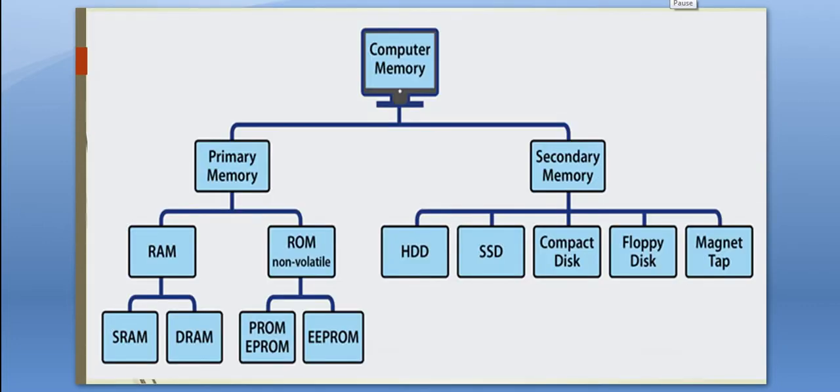Now the next thing is types of computer memory. There are two types of computer memory we can study: first primary and second secondary. So primary and secondary memory are the two major divisions of computer memory. Primary memory is also divided into two parts, RAM and ROM.